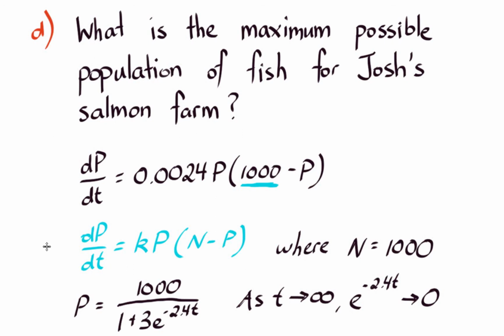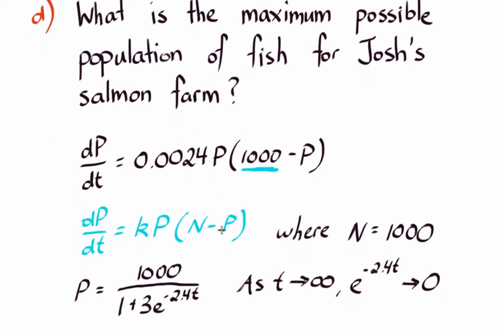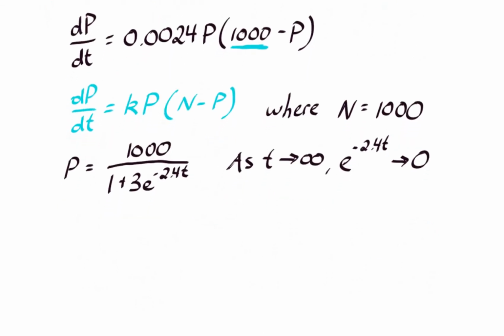And so what does that mean for our overall fraction? It means that p is going to approach 1000 over 1 plus 0. Okay, and that's just 1000 over 1, which is 1000. So we can apply limits as well to solve this question. I like the first way personally, but it's good to know both.